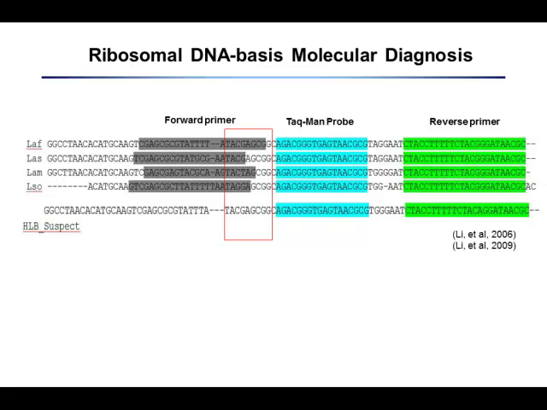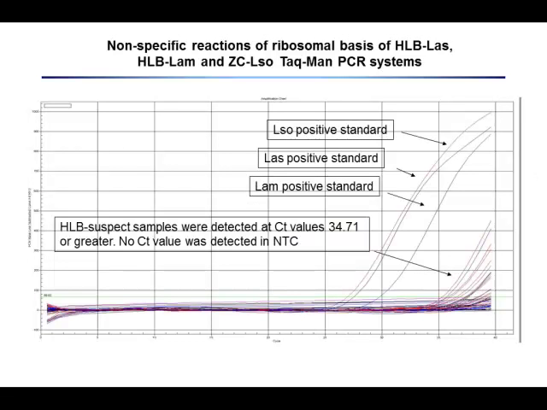Your forward sequence is found to be almost identical in that region. But when we did more sequencing beyond that, in the ribosomal region, it turned out to be totally different. So that is the problem with this detection, as I mentioned.